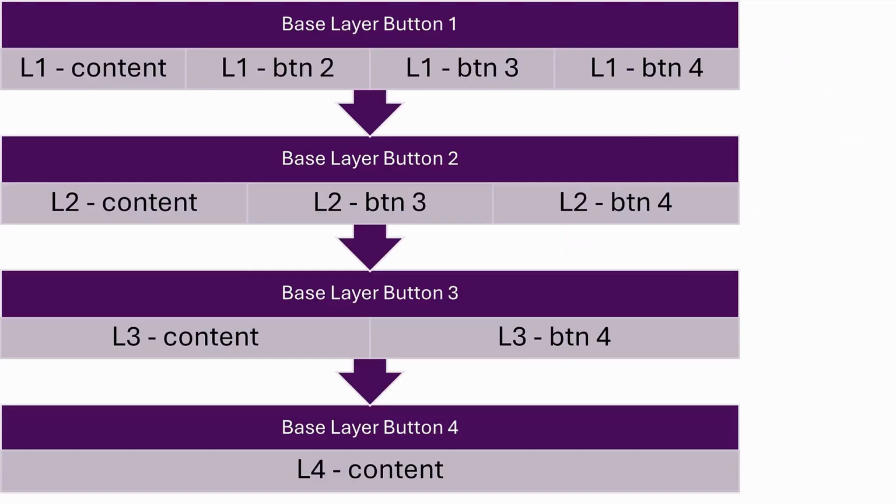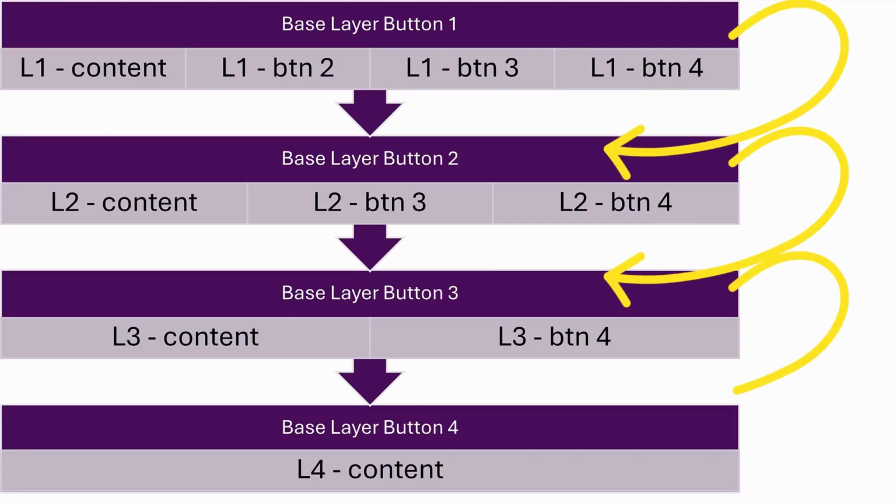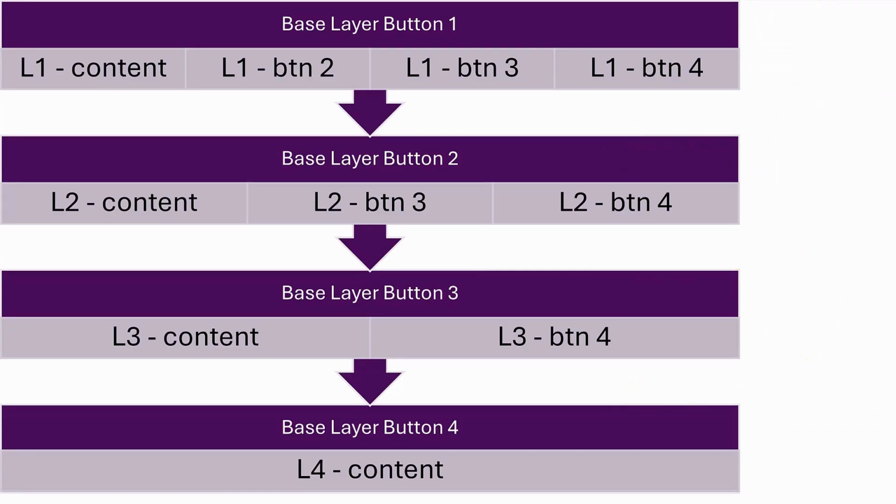If the learner does not open a tab, it goes from base layer button 1, 2, 3, and 4. If they do open a button, let's say 1, it goes through that content, and then through 2, 3, 4 buttons on that layer.